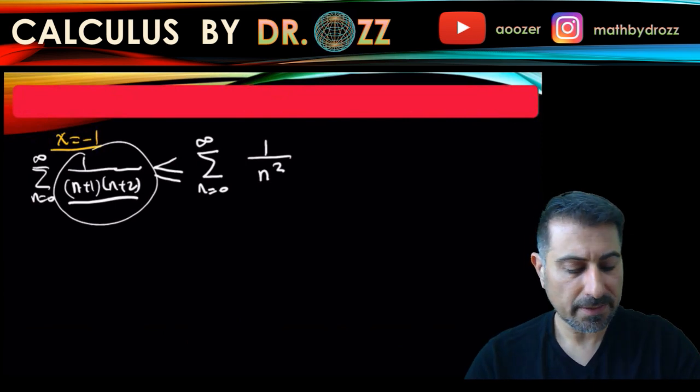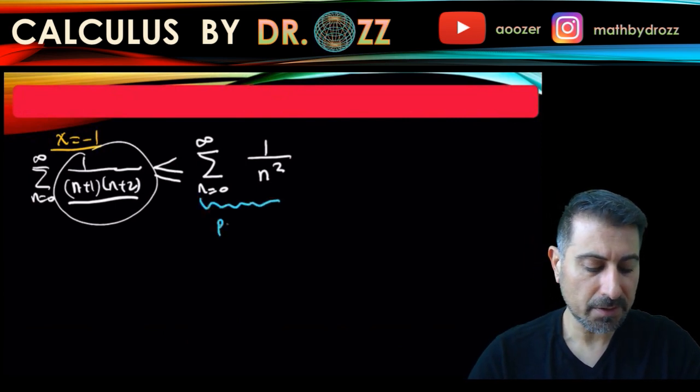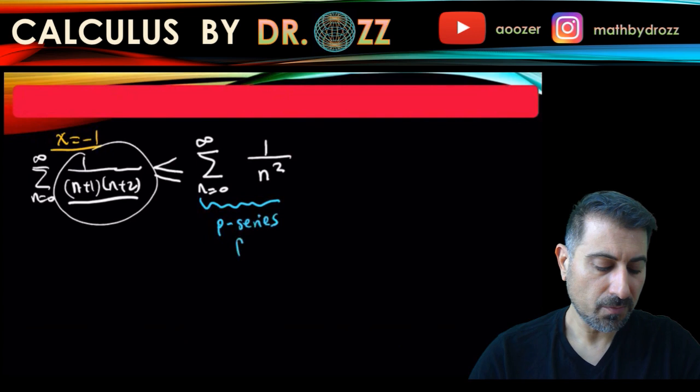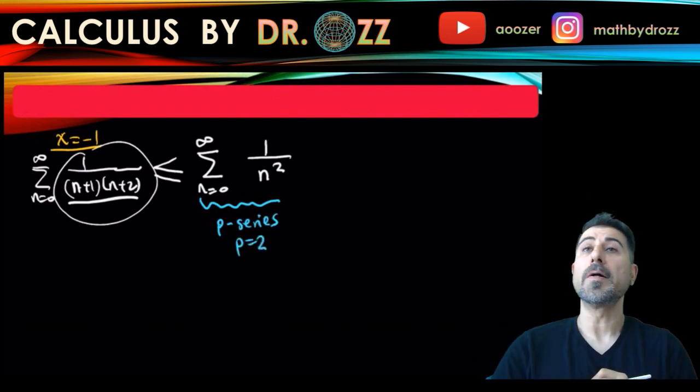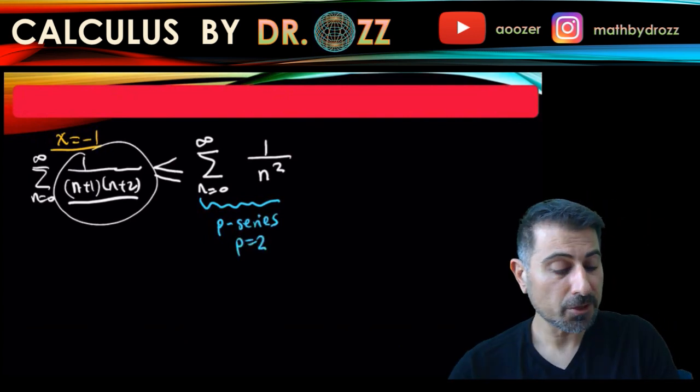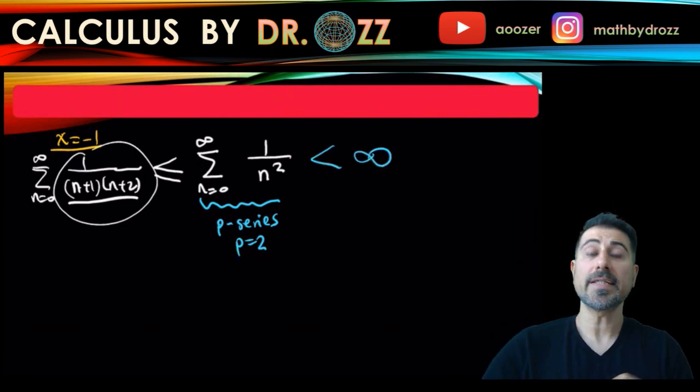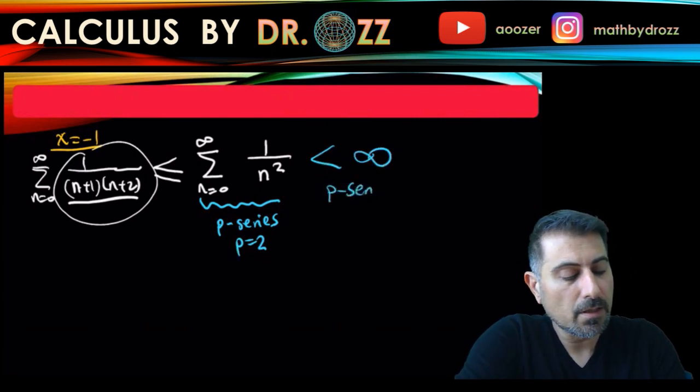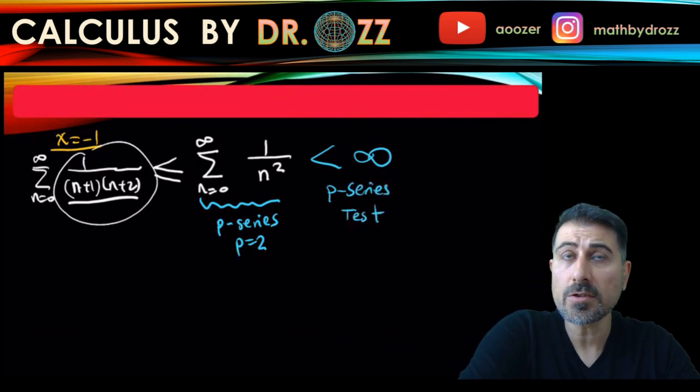But this series is a very special series, right? A p-series for p equals 2, which is convergent by the p-series test. I know that this series is convergent.